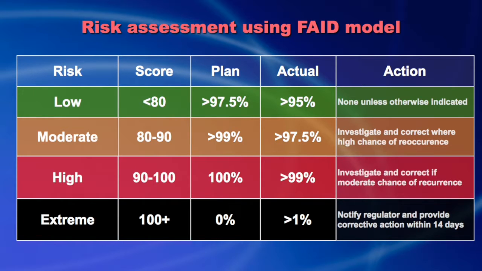You'll see if you look on the left-hand side for the given task, the likelihood equals the risk. So you'll see there in the low risk category, that is for fade scores less than 80. The moderate risk or likelihood category is for scores between 80 and 90. The high likelihood or high risk range is between 90 and 100, and then the extreme range is for scores 100 plus.